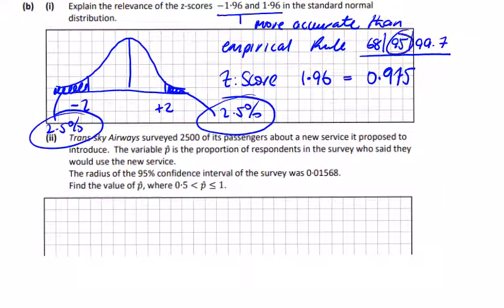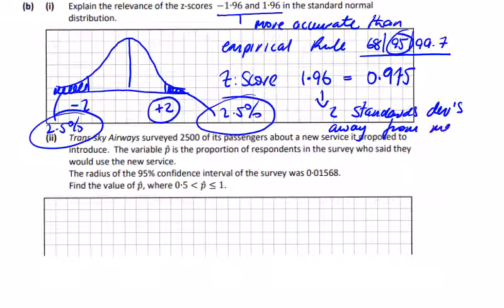This empirical rule of 95% is 2 standard deviations, but 1.96 is more accurate than the empirical rule for 2 standard deviations. I'll just do this away from the mean.